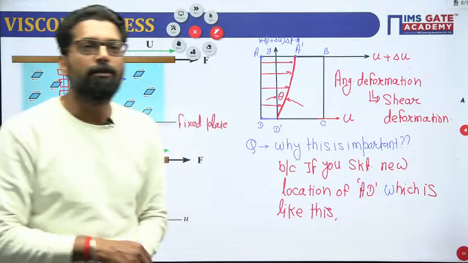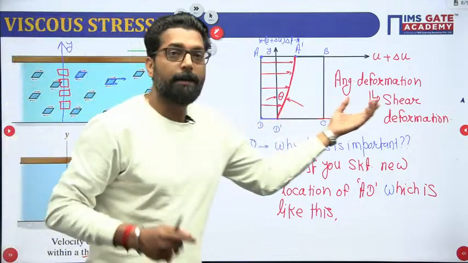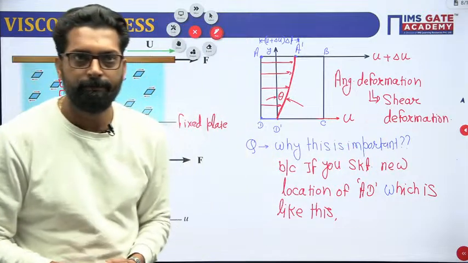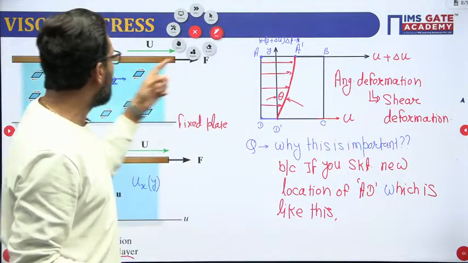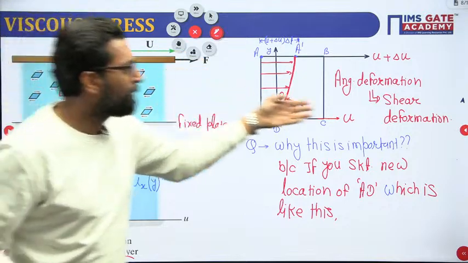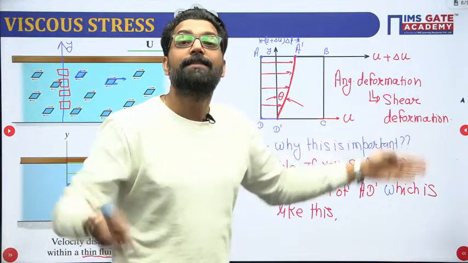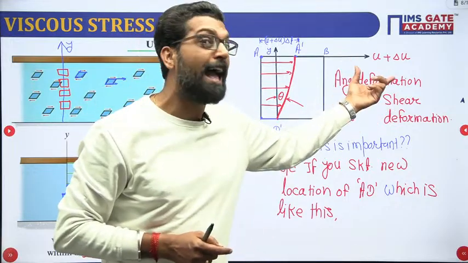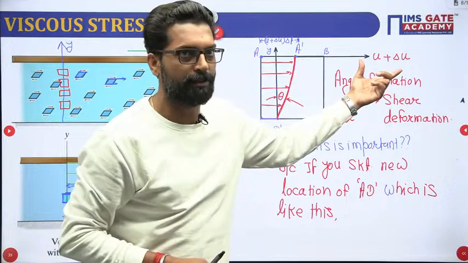Someone asks you how to justify that fluid has a shear deformation. You cannot say that, sir, if you apply the tangential force, there must be a shear stress, so there must be a shear deformation. No, the birth of shear deformation is due to the angular deformation, not linear deformation. So how will the angular deformation be quantified?